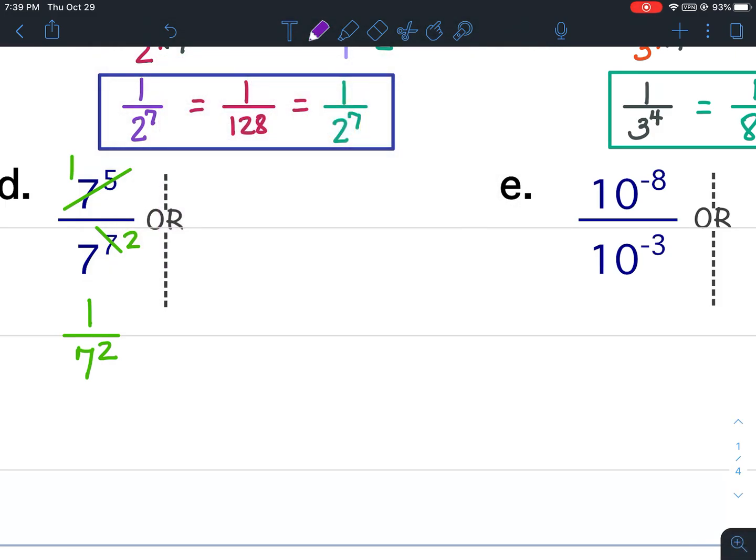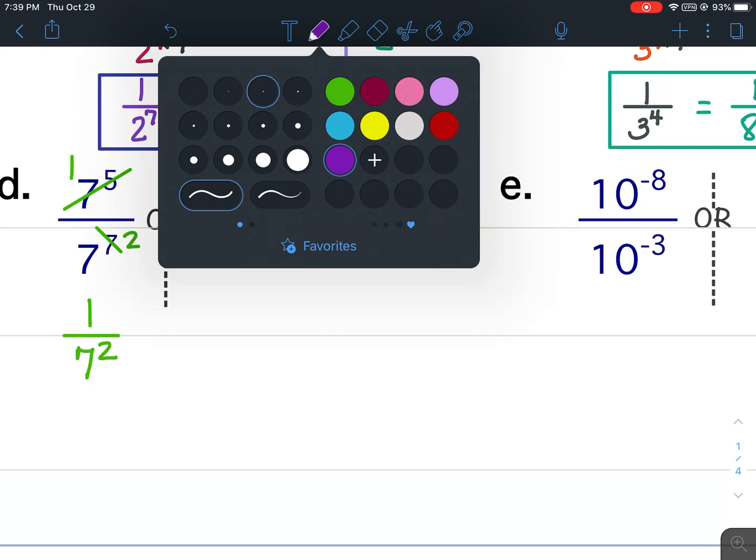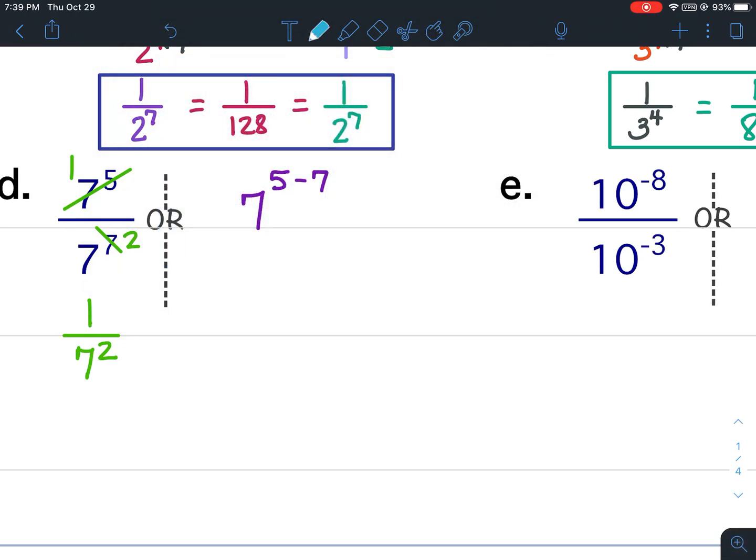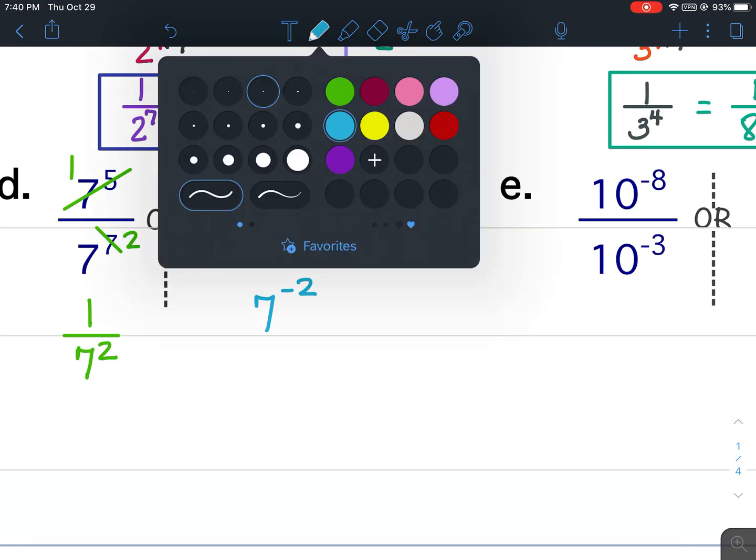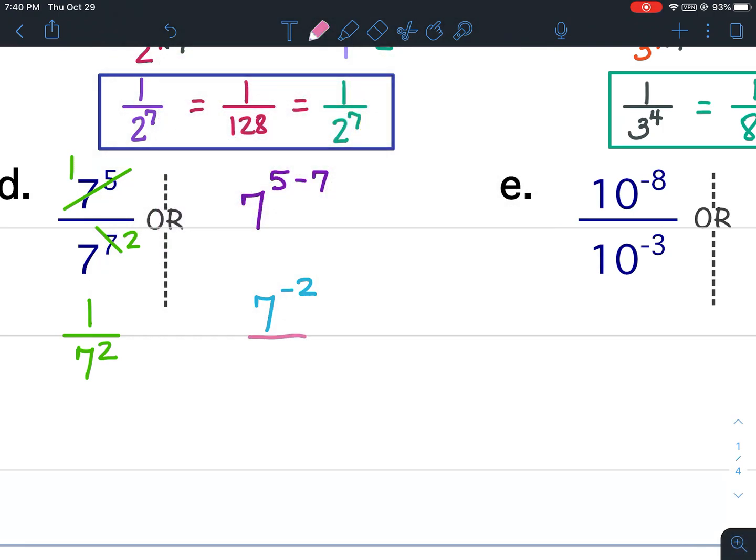I would have 7 to the 5 minus 7. 5 minus 7 is negative 2. So this would be 7 to the negative 2. Well, we want to make that exponent positive, so we would flip it. Put a 1 underneath.